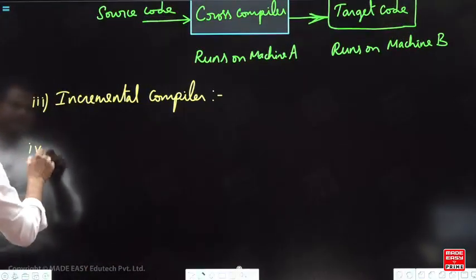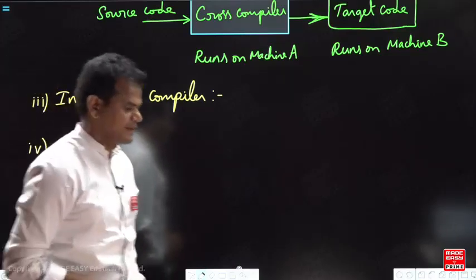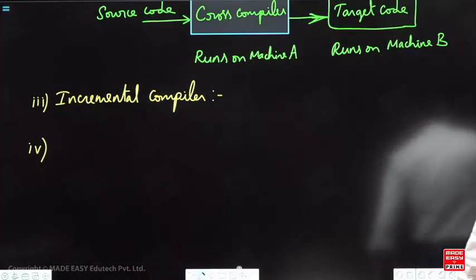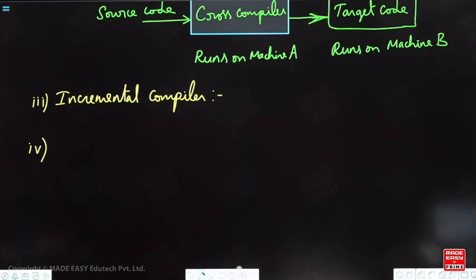Take this definition of incremental compiler. These examples are not required, just the definitions are enough.